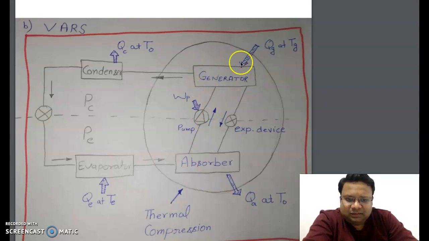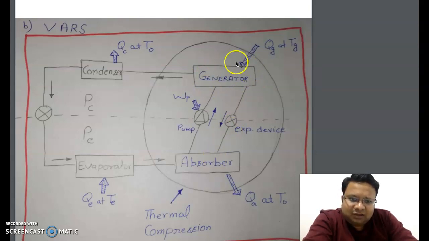Now what is the purpose of this generator? This generator separates the strong solution which is coming from the absorber into two parts. It will separate the vapor refrigerant at high pressure and high temperature, and the remaining part, which is a weak solution of the liquid, it will send back to the absorber through this expansion device.